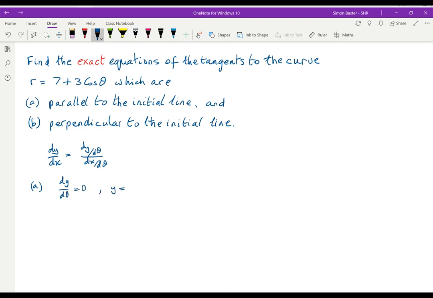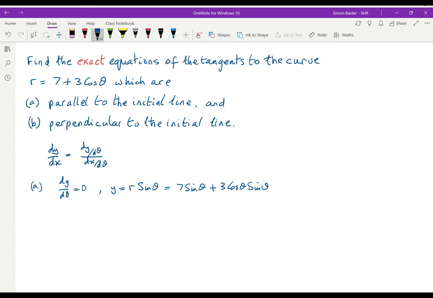and y is equal to r sine theta. R is 7 plus 3 cos theta, so that is 7 sine theta plus 3 cos theta sine theta. That's just r times sine theta.